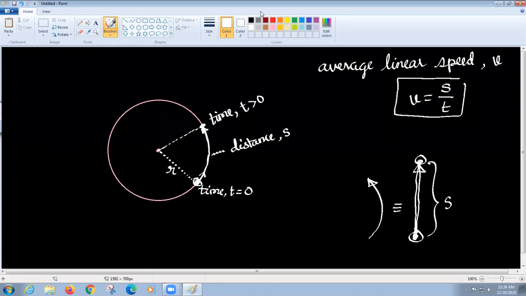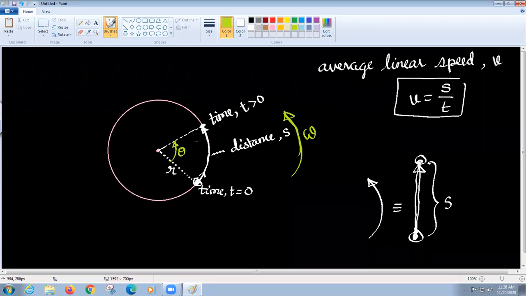Now, if I ask you what is angular speed, then what do you say? I'm moving like this with angular speed, and I'll denote it by omega. That means you're taking some theta journey.